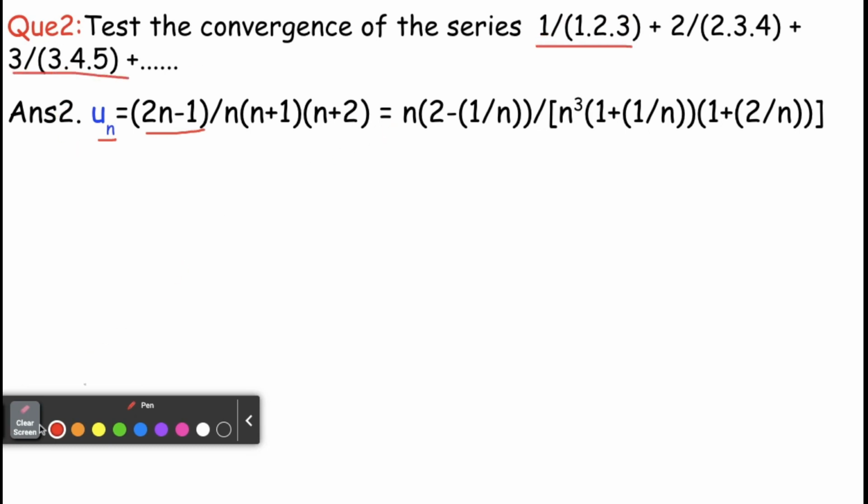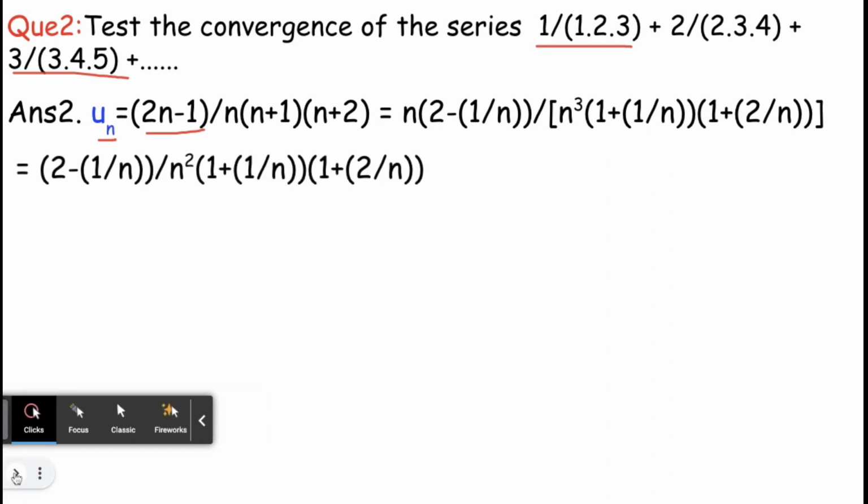Now Un is 2n minus 1 upon n into n plus 1 up to so on into n plus 2.